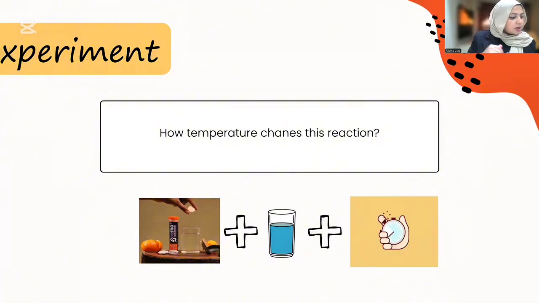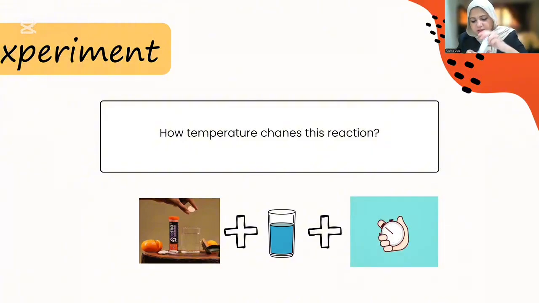Here we have effervescent tablets. Do you know these tablets? I got vitamin C tablets, the effervescent tablets. I'm going to use two tablets here, and we have two plastic cups. You can use, of course, two glass cups.